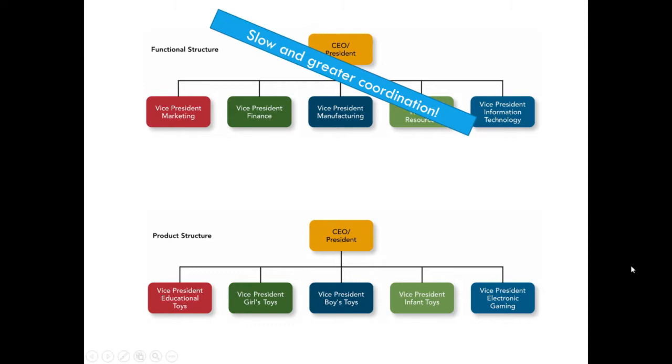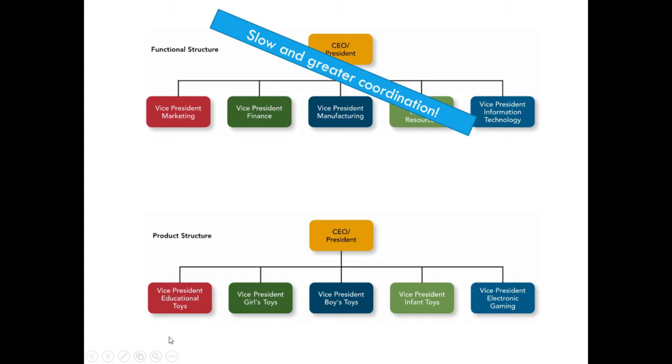In this case, we have one department, the educational toys, the other department, the girls' toys, the other department, boys' toys, and so on. Here, functional activities such as production, finance, marketing, and so on are located within each product division.